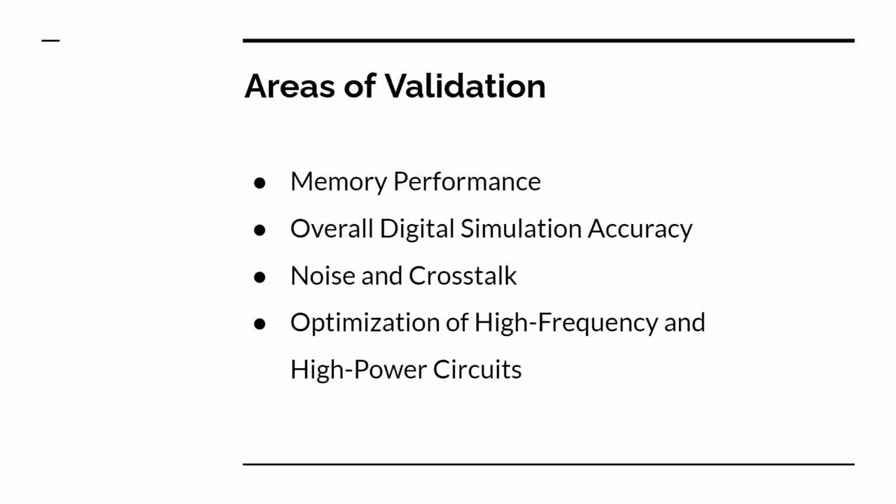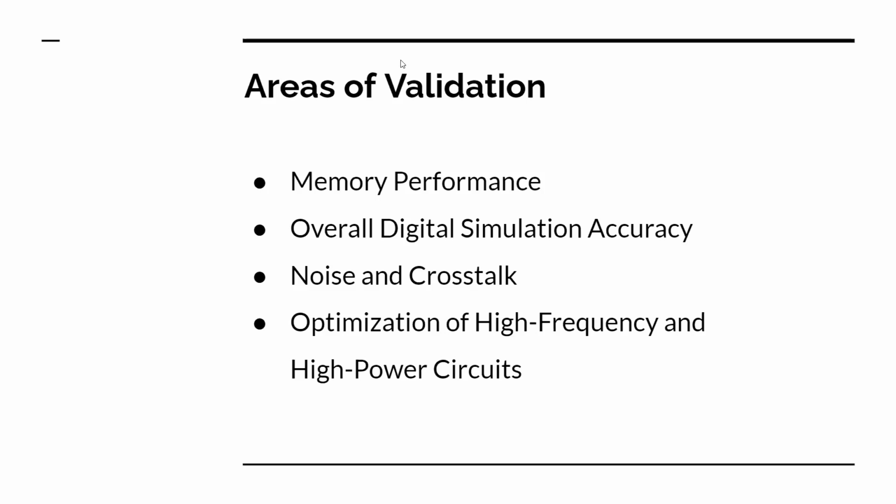Some of the areas of validation, these are just examples. You can find more areas of validating your circuits, because I believe that after this training you will come up with your own circuit to produce a certain device.